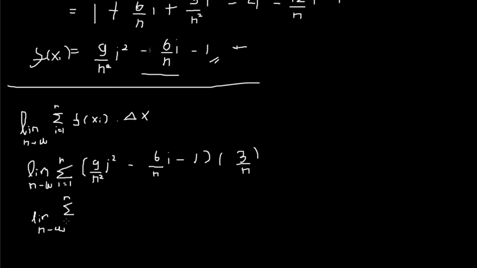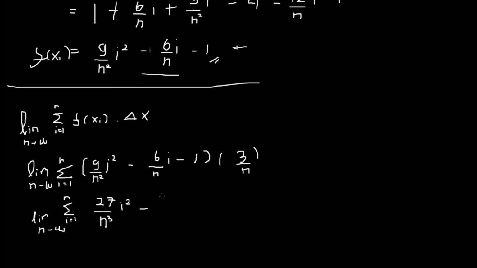Oh, these are all the same, so you know what I am saying. So we have 3 times 7 per n, so we have 27 per n to the power of 3, because n to the power of 2 times n is n to the power of 3, times i squared.